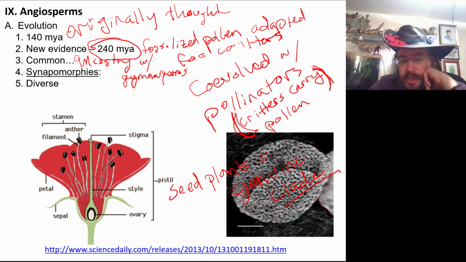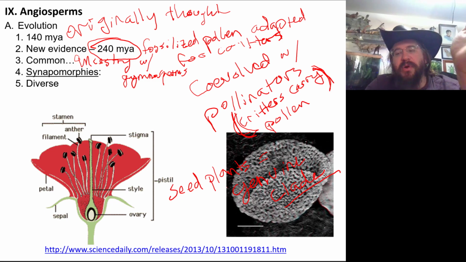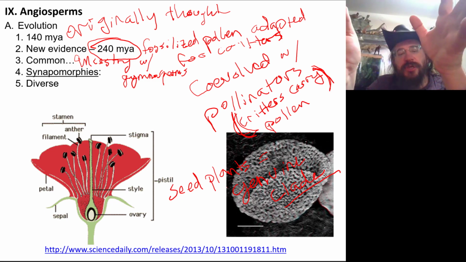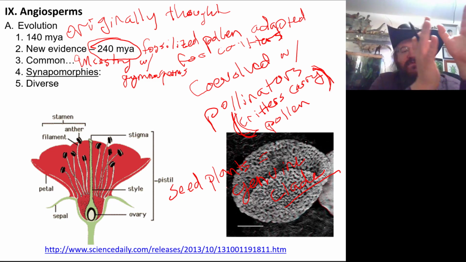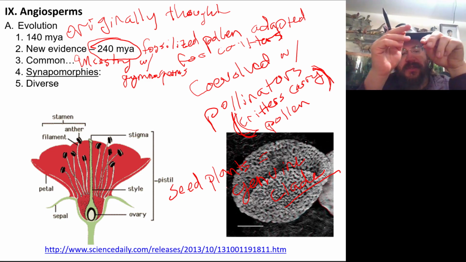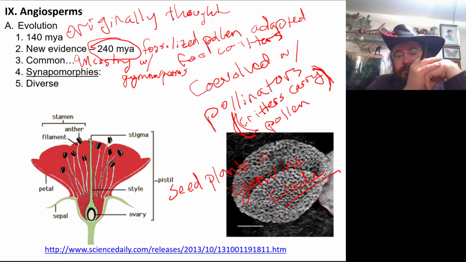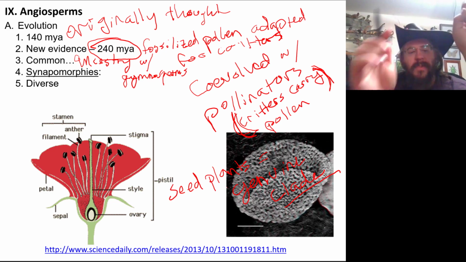So, synapomorphies, shared derived characters that separate angiosperms from their ancestors. The key developments that produce the angiosperms. 1.